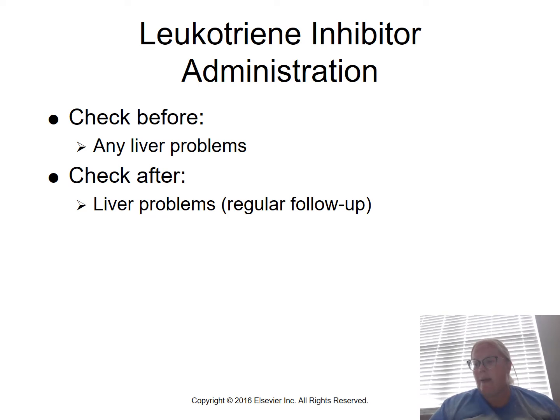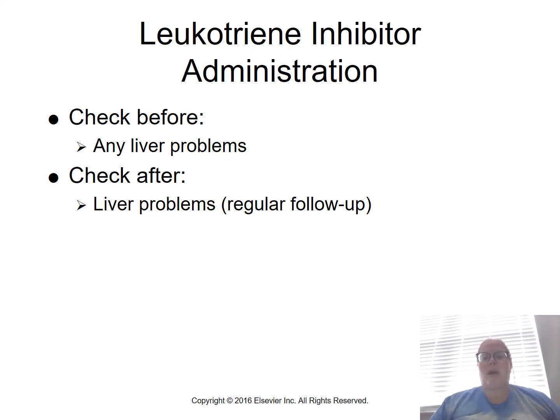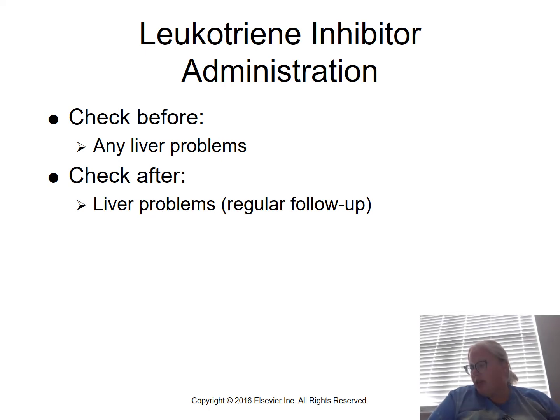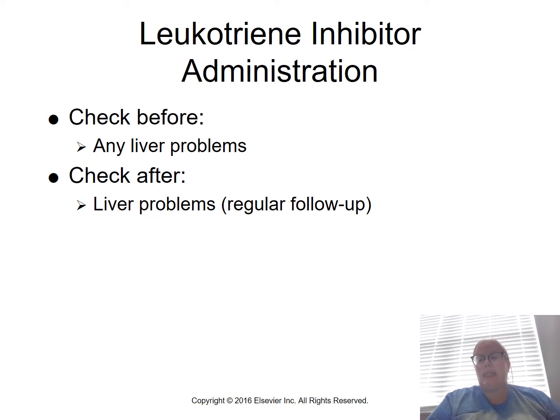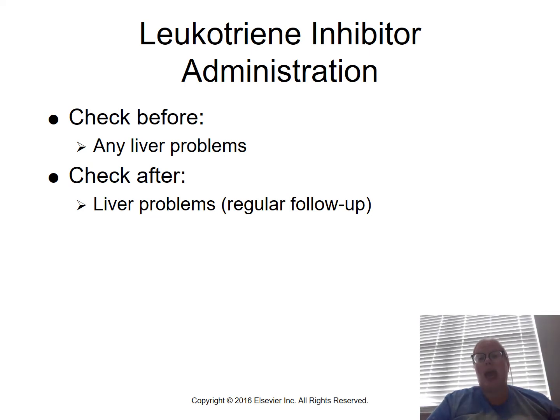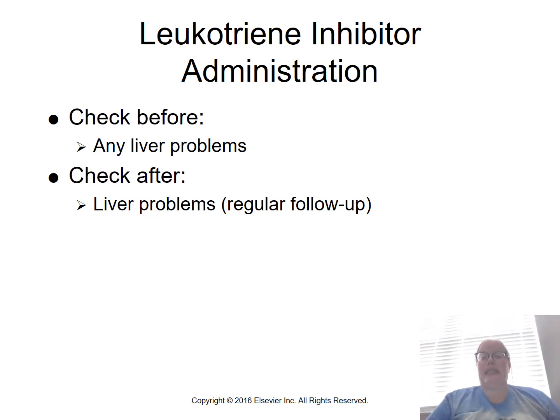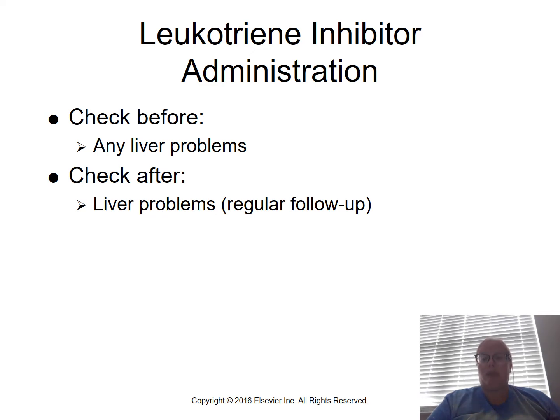And also afterwards, we want to, let me back up. One thing we need to do is we're checking for liver problems besides assessing the signs and symptoms. We also may need to look at the patient's liver function test, their blood test, ALT and AST, just so we have a baseline, because after administration, especially long-term administration, we are going to continue to observe for any liver problems.